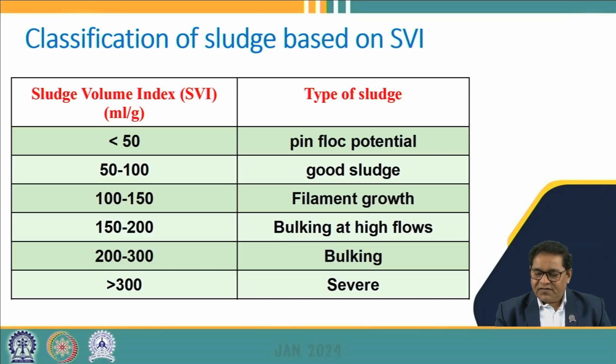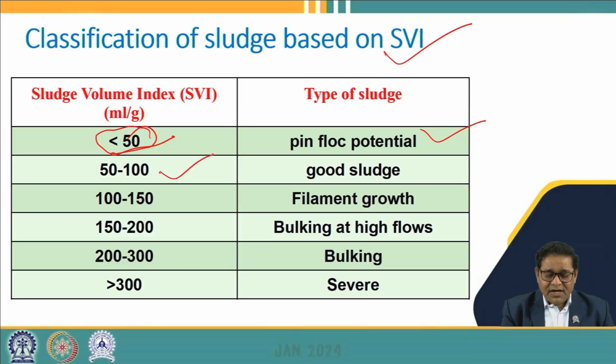And then based on this SVI we can also classify the type of sludge. Mostly SVI is inversely proportional to the settling velocity. So settling velocity is higher when SVI is less. So less SVI represents more settleable sludge and vice versa. Depending upon the SVI value, if SVI is less than 50, it is pin floc type of sludge which can easily be settled out and has good settling velocity.